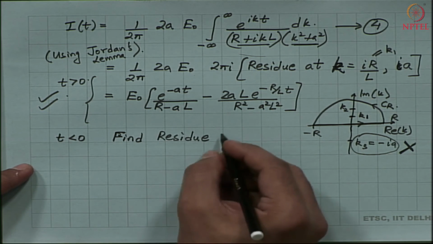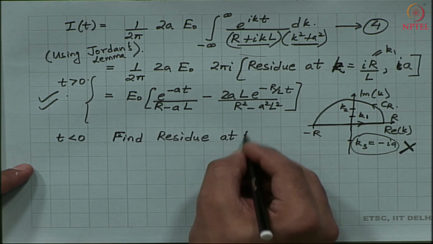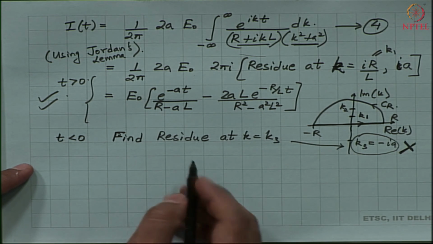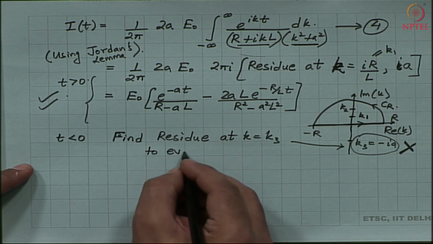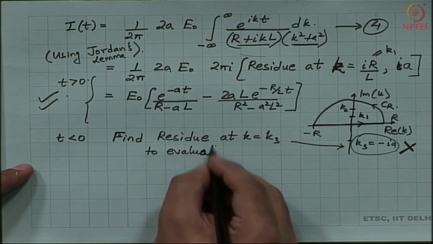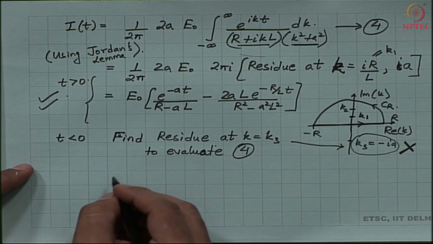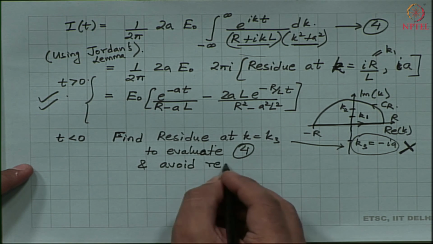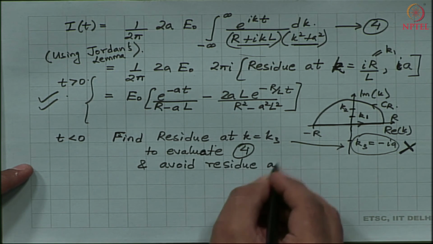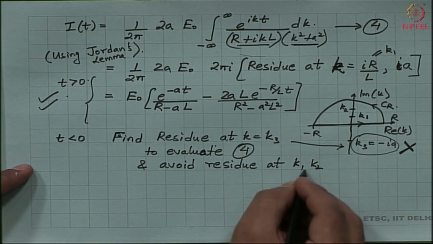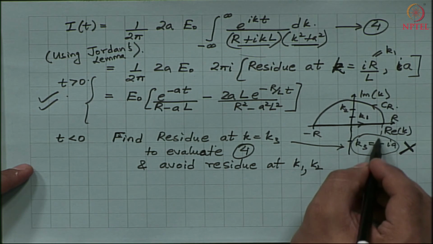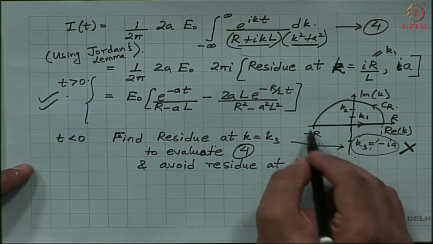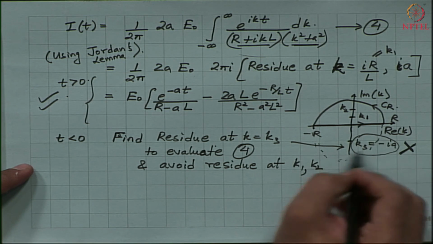In this case, you have to find the residue at k equals k3, which is given by this value, to evaluate the integral 4 and avoid the residue at k1 and k2, okay, because in that case the contour would be on the negative half of the plane, covering the negative imaginary axis when t is negative.